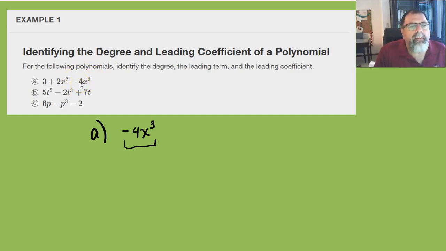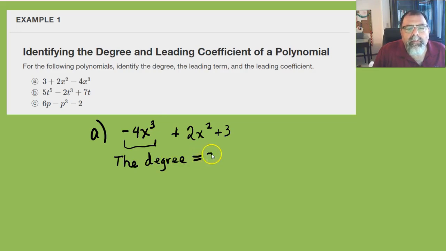If I were to write this in descending order, it would be negative 4x cubed plus 2x squared plus 3. First let's talk about the degree. The degree is equal to that highest power, 3.